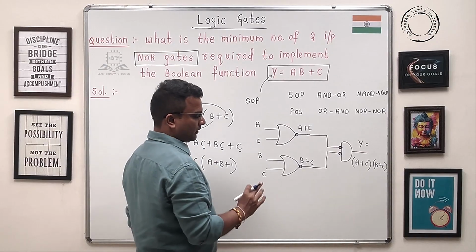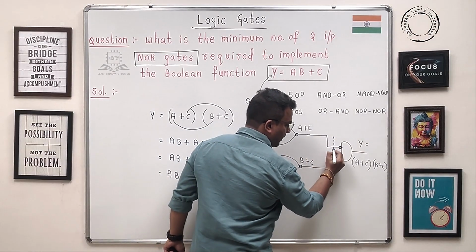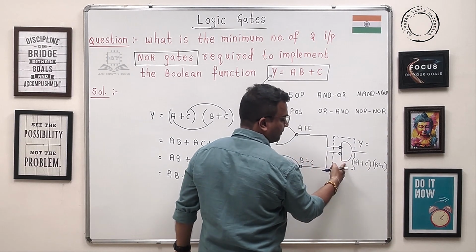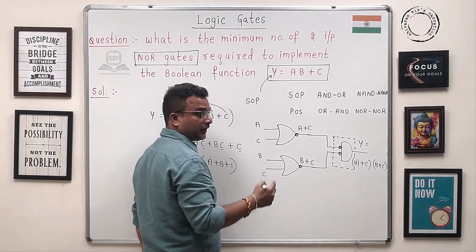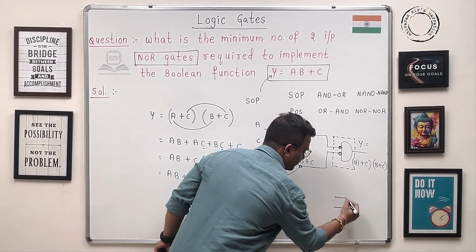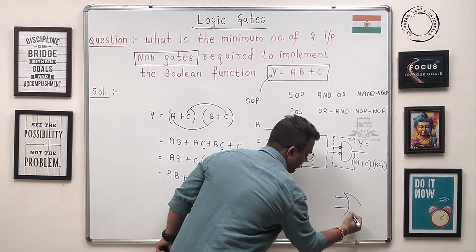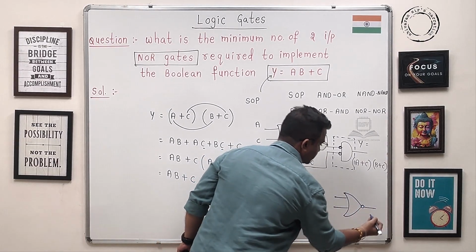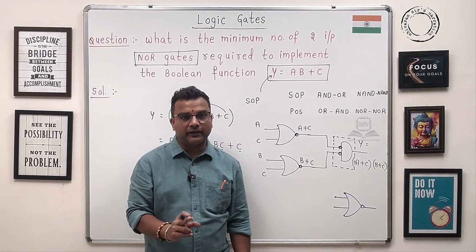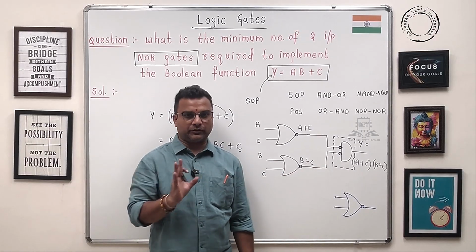Now this particular bubbled two input AND gate can be represented as a NOR gate because it is the same. For these alternative symbols, which we have explained already in YouTube Shorts, you can check it out.